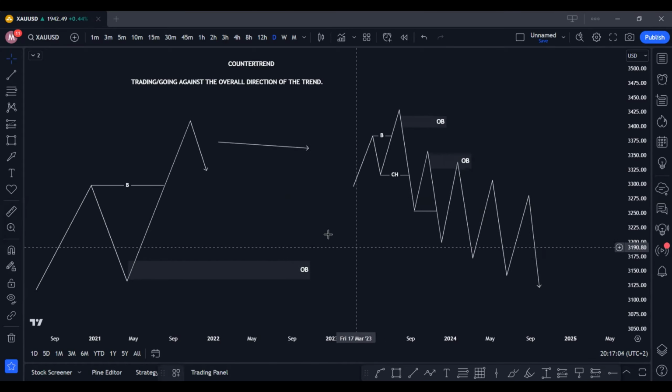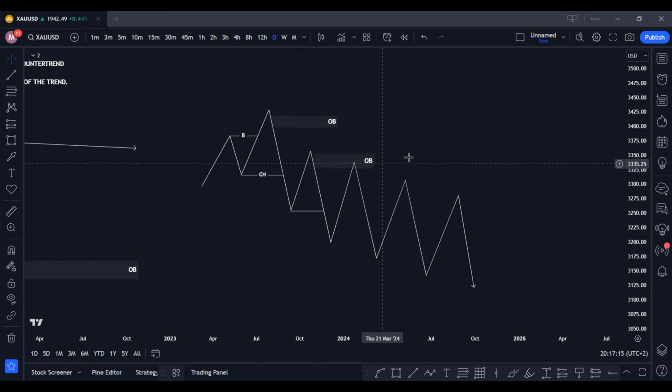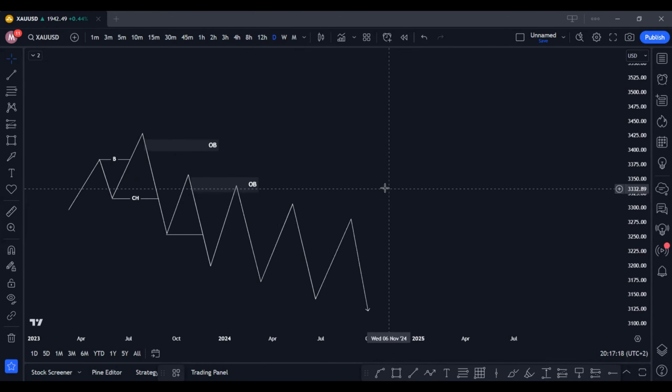So in order for you to move from a bullish trend to a bearish trend, and from a bearish trend to a bullish trend, you need a change of character. Okay, but then what happens if price doesn't give you a change of character?